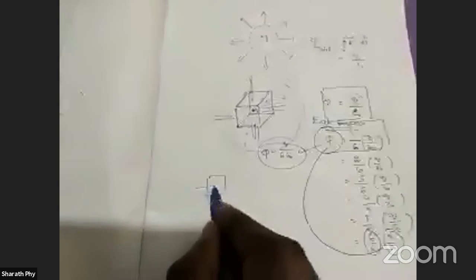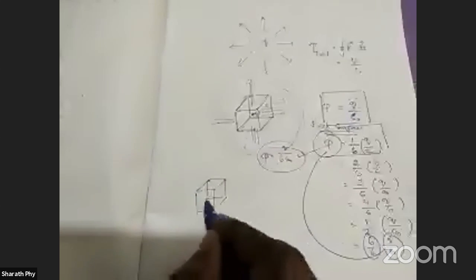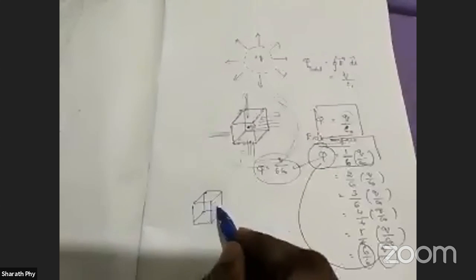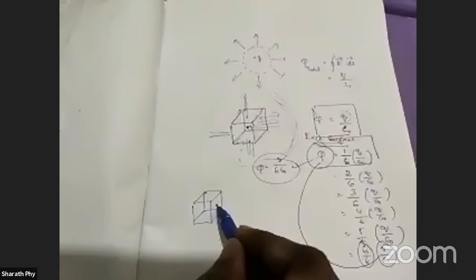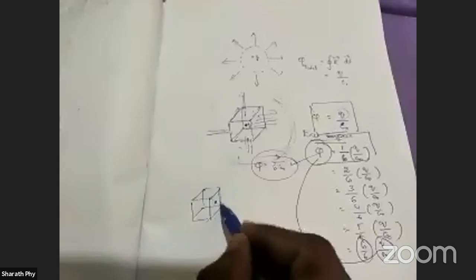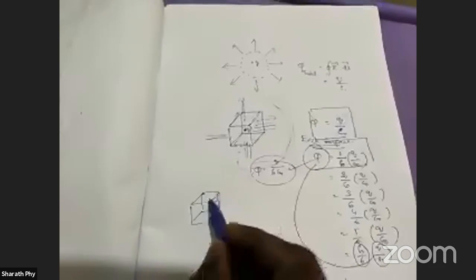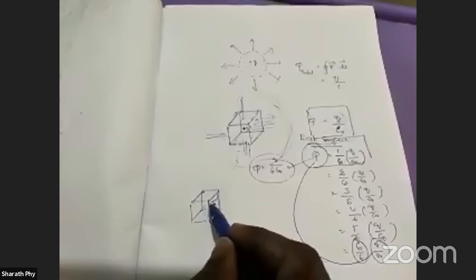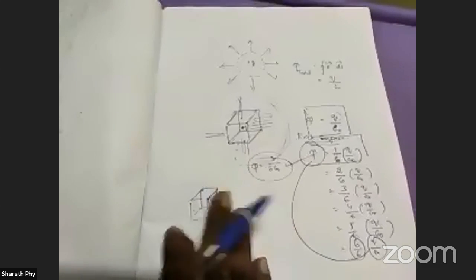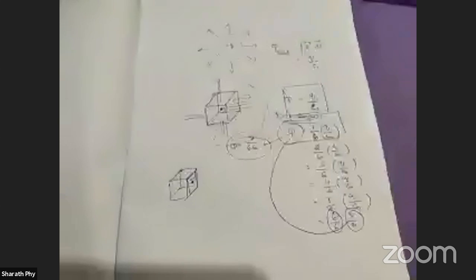Suppose the same cube, but the charge is at the center of one of the surfaces. At this surface, the positive charge is there. It is not at the center of the cube, it is on this surface. But according to our Gauss law, the charge must always be enclosed in a closed surface. It should not be outside.